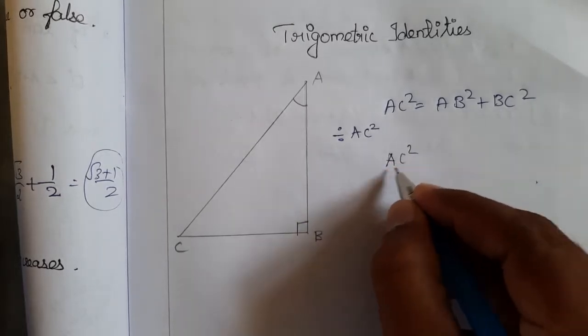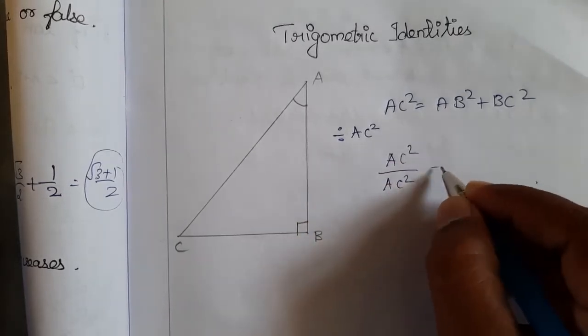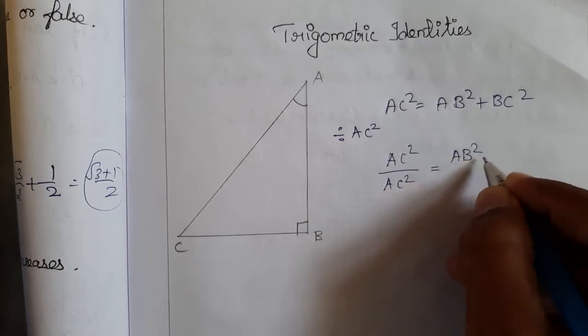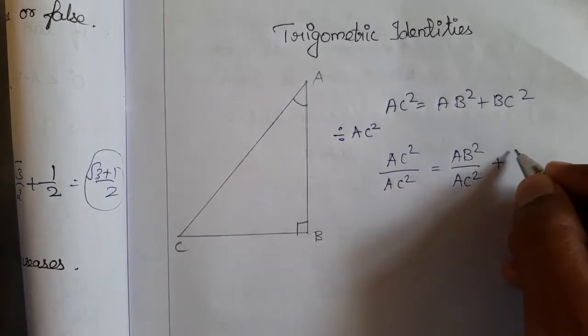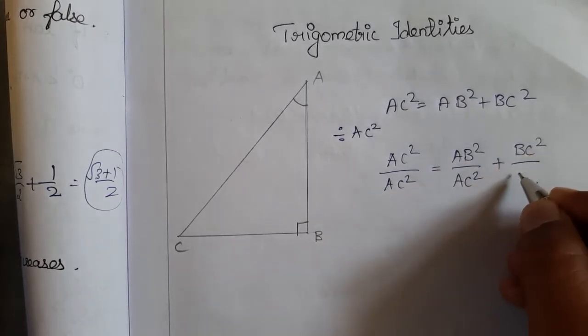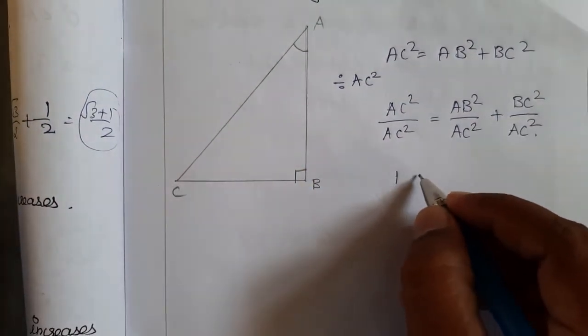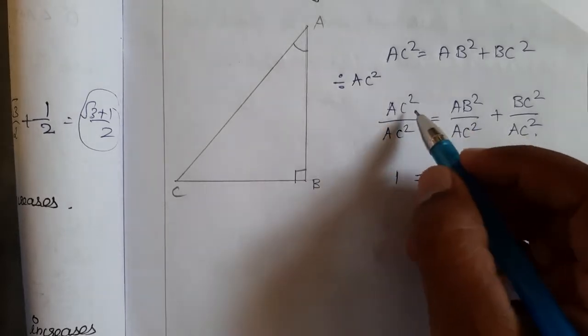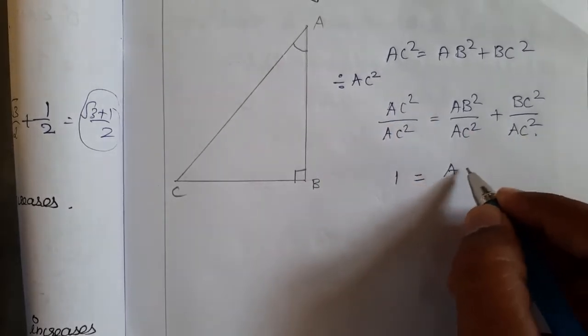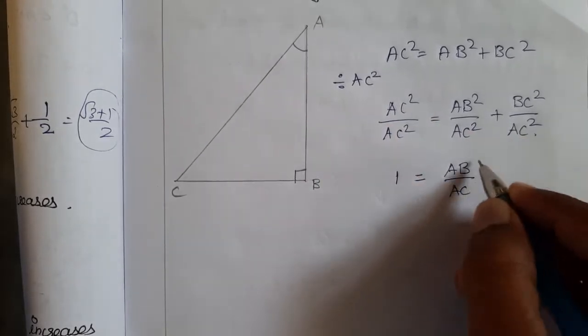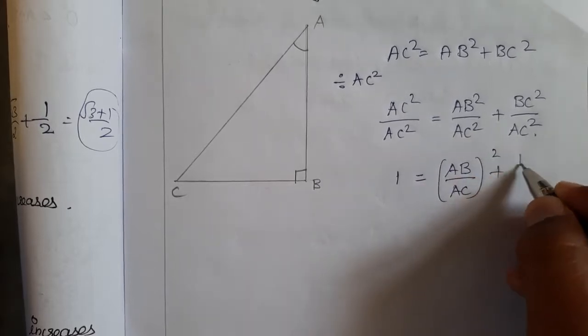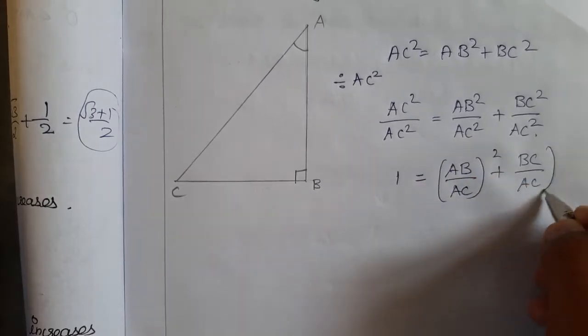So AC square by AC square is equal to AB square by AC square plus BC square by AC square. So AC square by AC square will be 1, and this we can write as a whole square: AB by AC the whole square plus BC by AC the whole square.